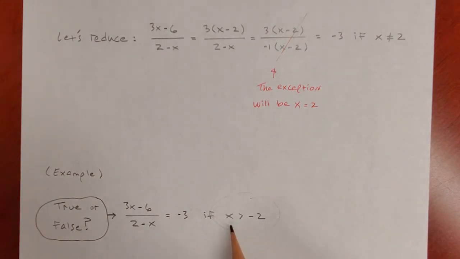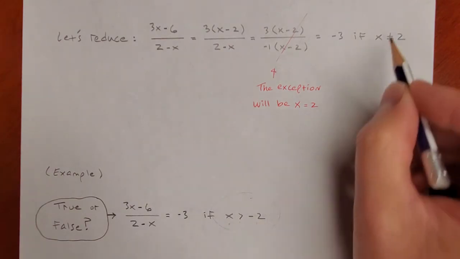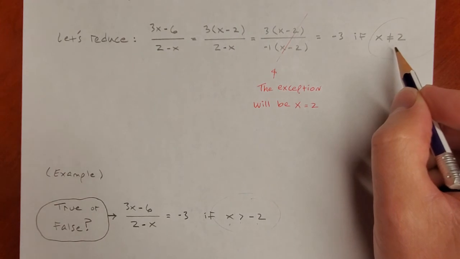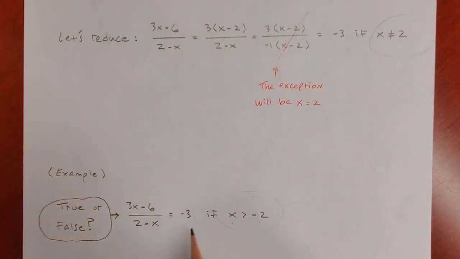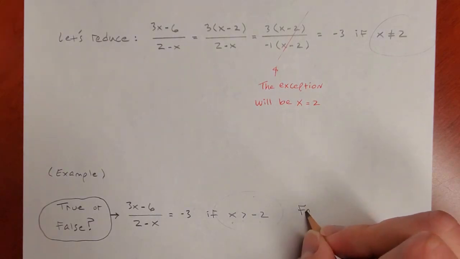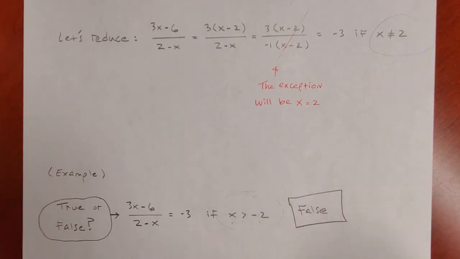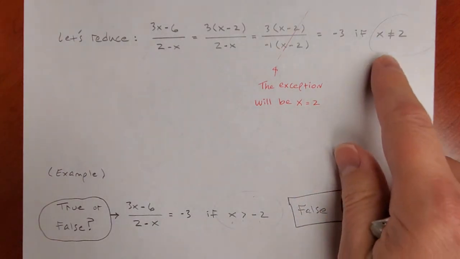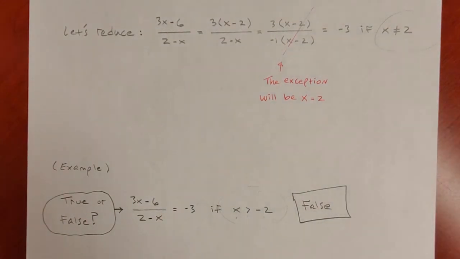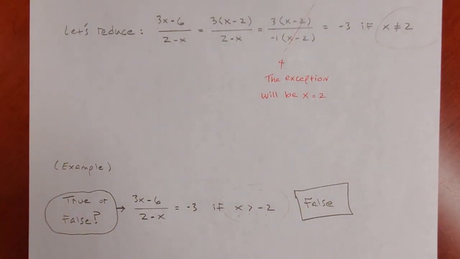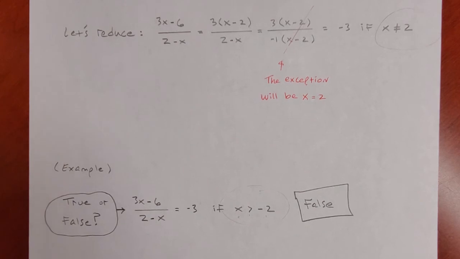That's how I would read that. Well, that would include 2, and these aren't equal if x is 2. So that one's false, just taking it at face value, because that condition would include that number that we have to leave out.